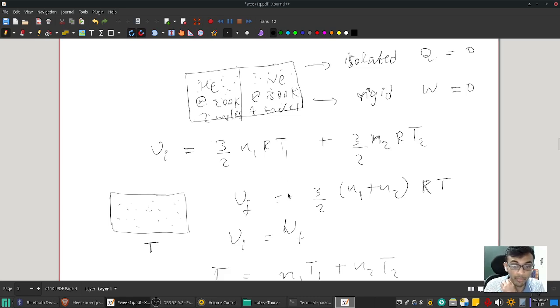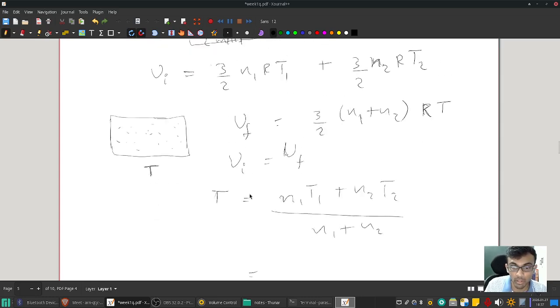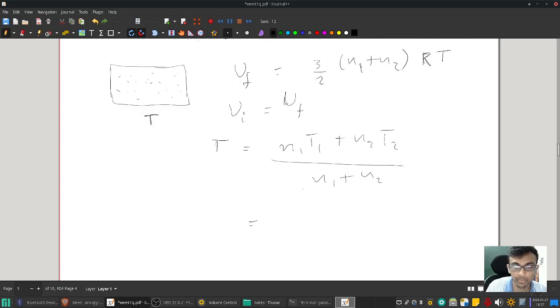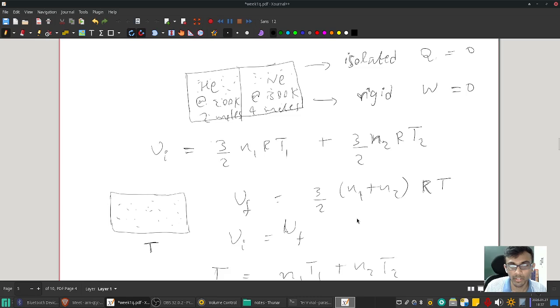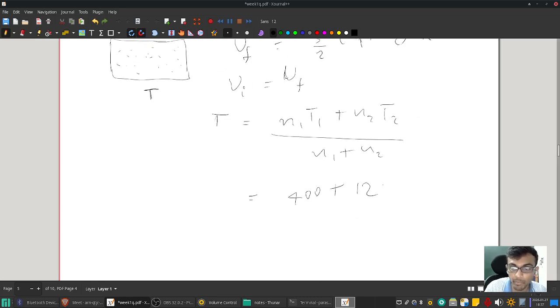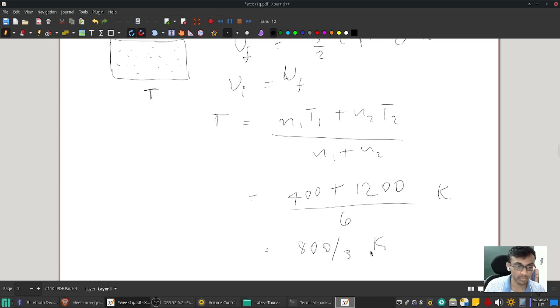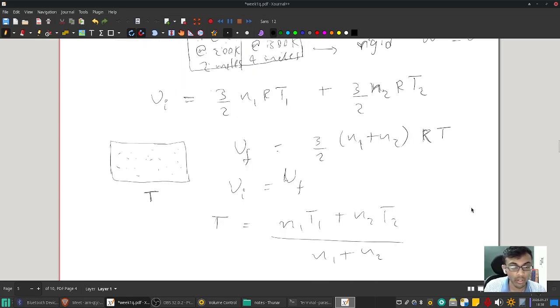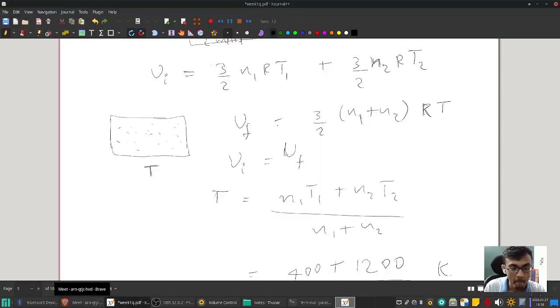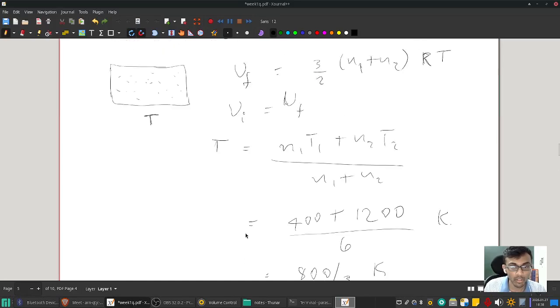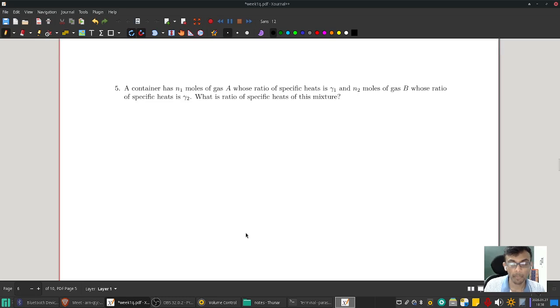Substituting these values now, that is going to be about 800 by 3 Kelvin.